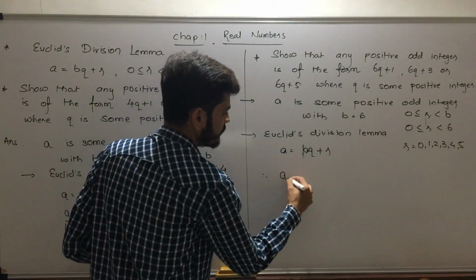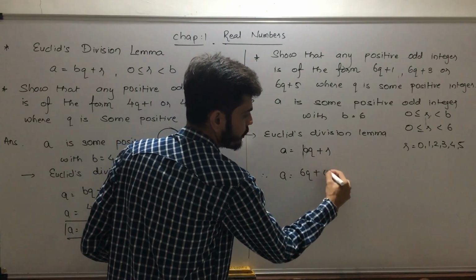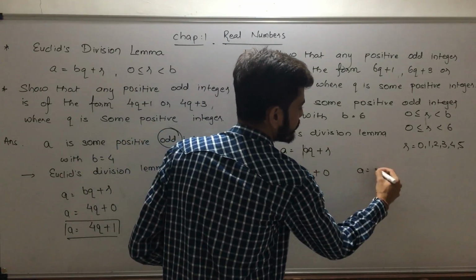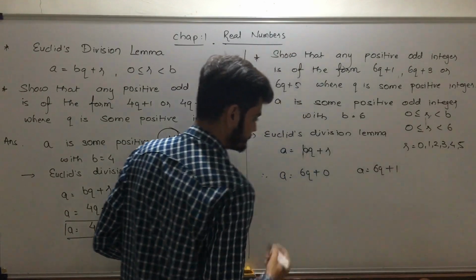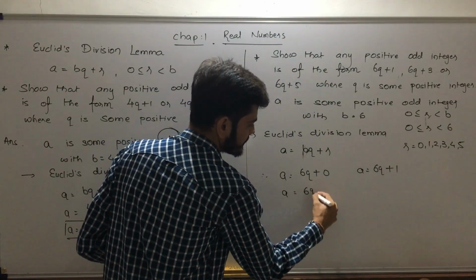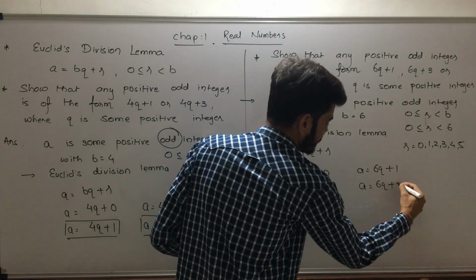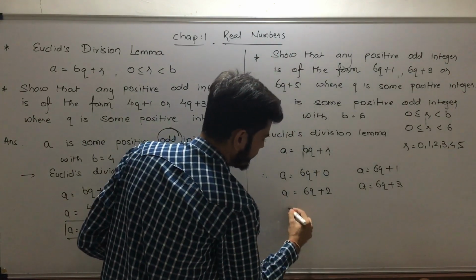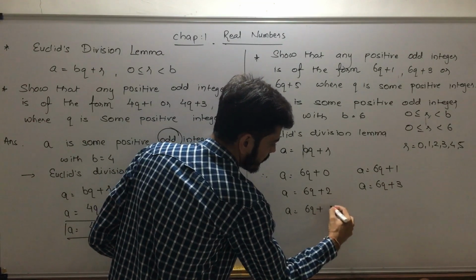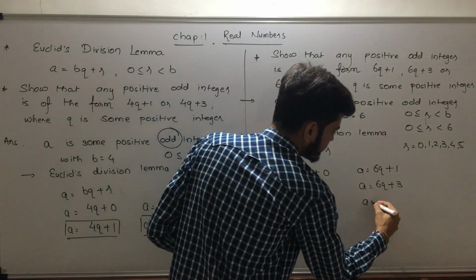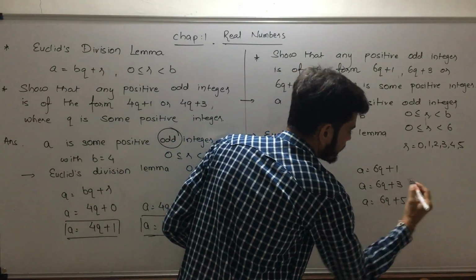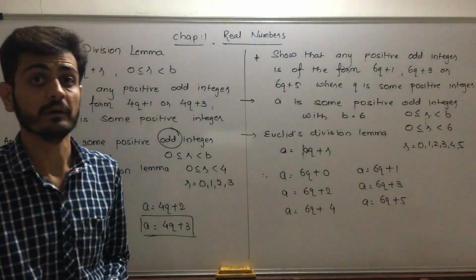So A equals 6q plus 0, or A equals 6q plus 1, A equals 6q plus 2, A equals 6q plus 3, A equals 6q plus 4, and A equals 6q plus 5. These are 6 different types of numbers.